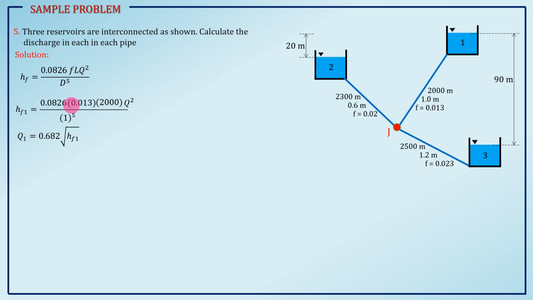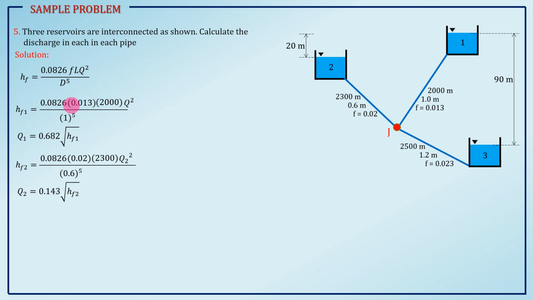And then, compute din natin yung sa pipeline number 2. So, for the pipeline 2, we have 0.0826, F is 0.02, L 2,300, Q2 squared, over D na 0.6 raised to 5. Now, simplifying and solve for the Q2, it is equal to 0.143 square root ng HF2. Yeah, so, equation 1 and 2 natin to.